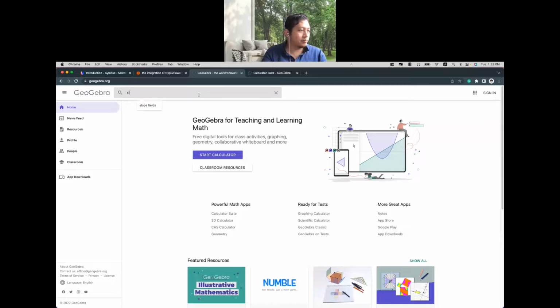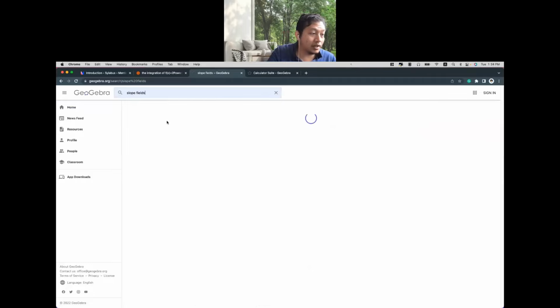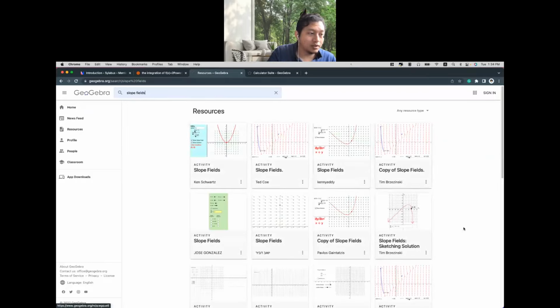Slope, I already checked this. The slope fields, we can check any resources in this website. And you can study on your own. All this subject here is created by volunteers who create some activity or books inside this website, and then you can learn by yourself through all these resources.